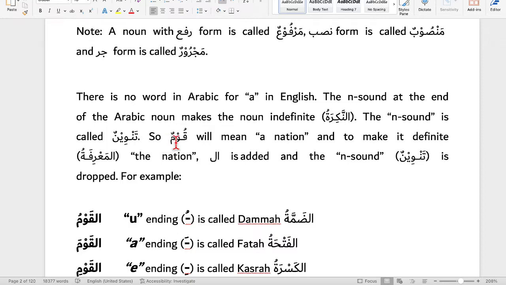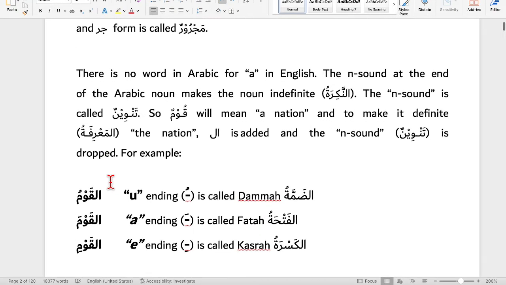So kaumun will actually mean a nation. And if we have to make it the nation, alif lam, or al, is added, and the tanween is removed. When the al is added, the heaviness of the noun is dropped, and it just takes the normal u form.